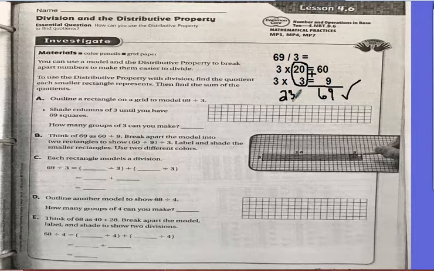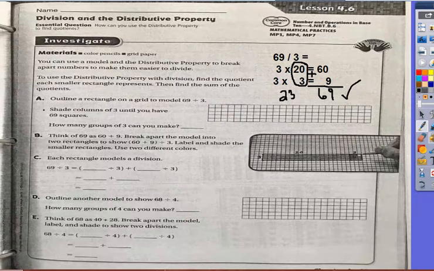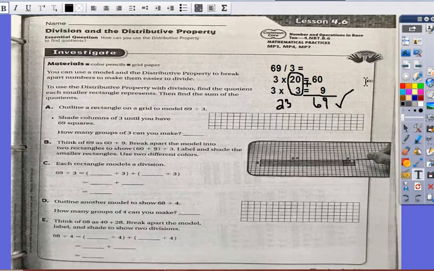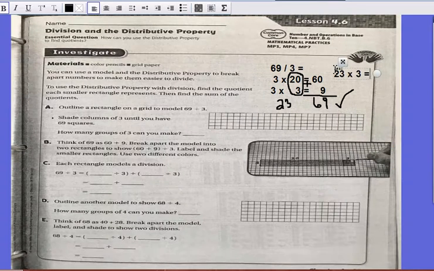So I now know that 23 times 3 equals 69. So that's what I'm going to make my array down here, a 23 by 3.